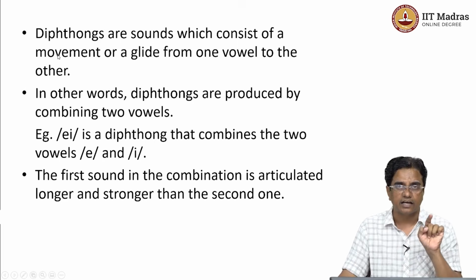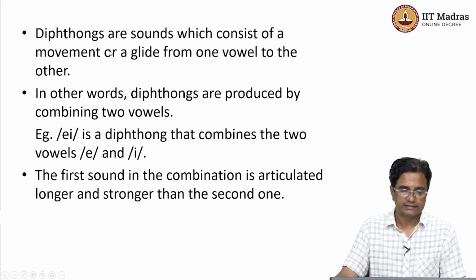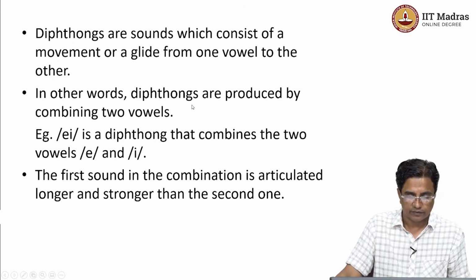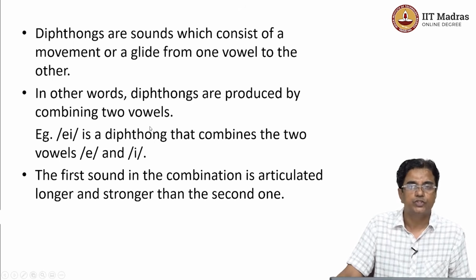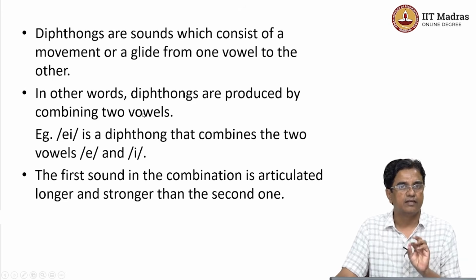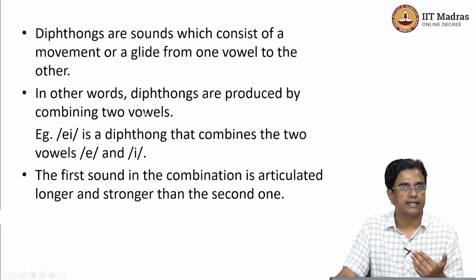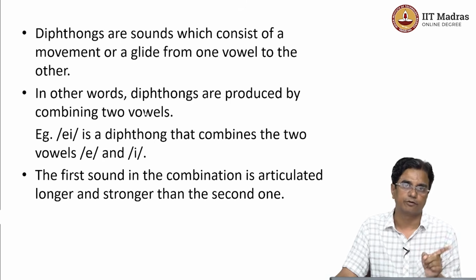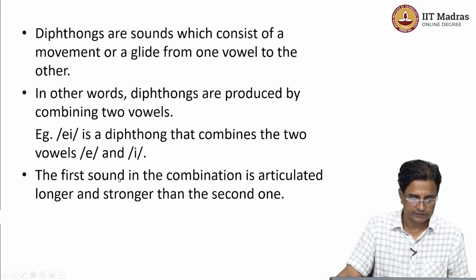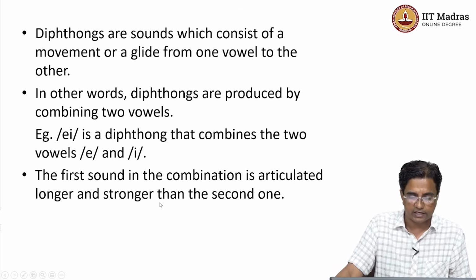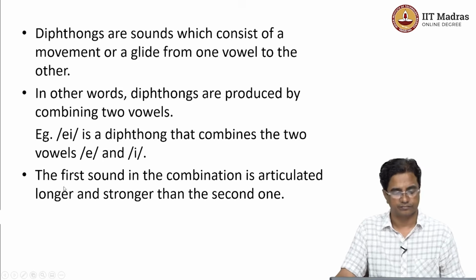That is, starts as one, ends with the other. This process is known as glide. In other words, it is pronounced by combining 2 vowel sounds. It sounds that way when we speak it, but they are one, gliding from one to the other. The first sound in the combination is articulated longer and stronger than the second one.